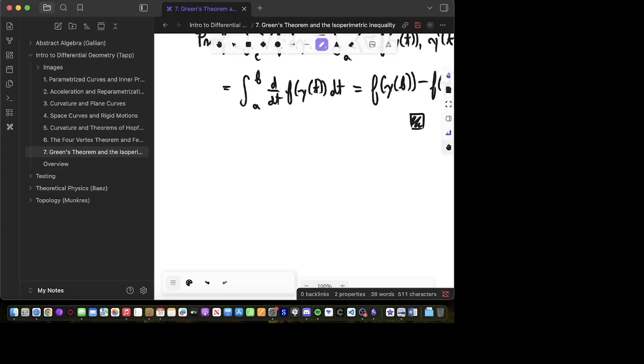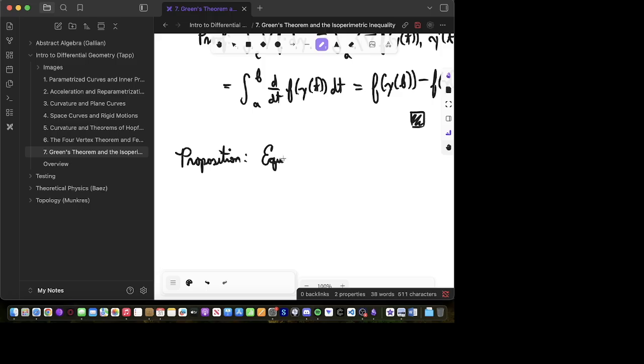I'm going to talk about another proposition which I will not prove. So these are equivalent properties. So remember, if one of them is true, all of them are true.